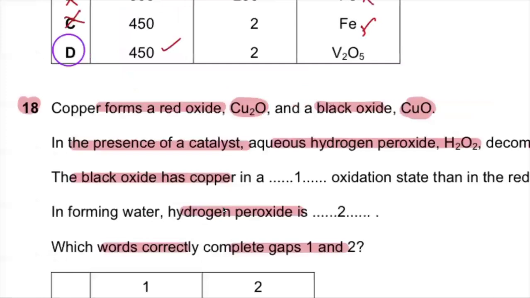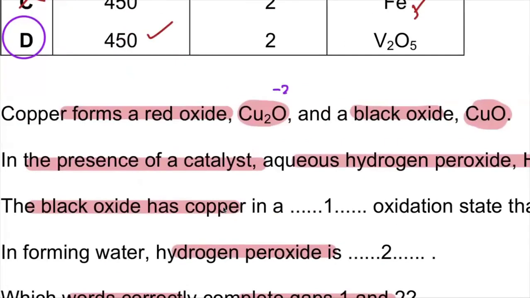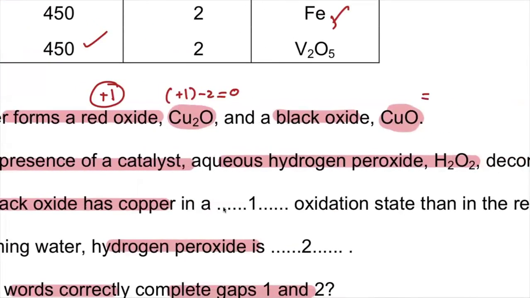In the red oxide, the net charge is 0 and oxygen is -2, so each copper has a +1 oxidation number. And in the black oxide, the net charge is 0, oxygen is -2, so copper is +2.